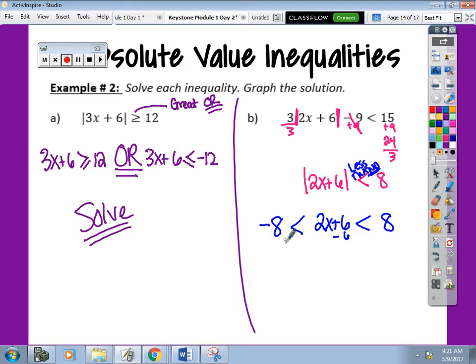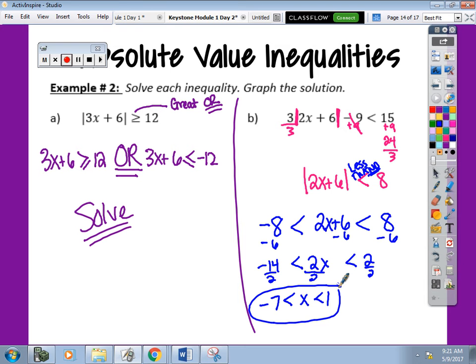So subtracting 6 on all of our parts. And dividing by 2. We'll get negative 7 is less than x is less than 1. So the answers are always going to be written with that if it's an and anyways. Now if you prefer, you could do what we did on this one. You just have the word and, and then at the end you'd have to put the two answers together.